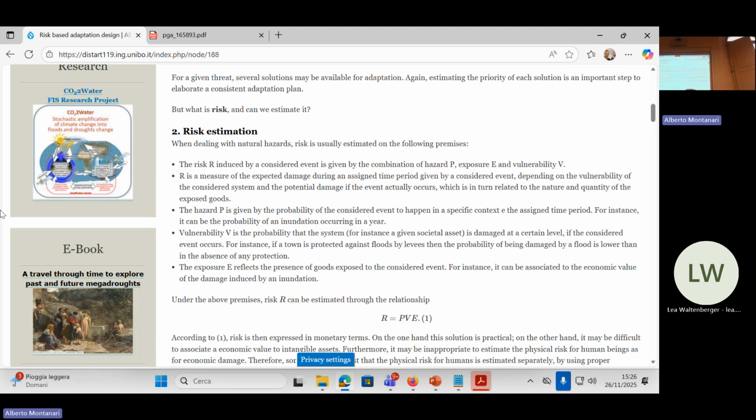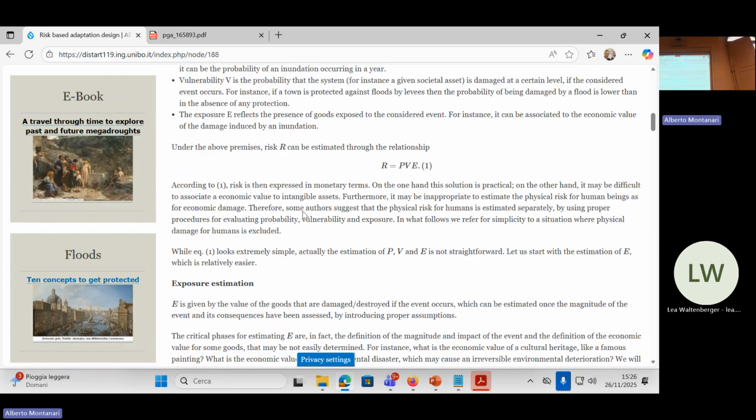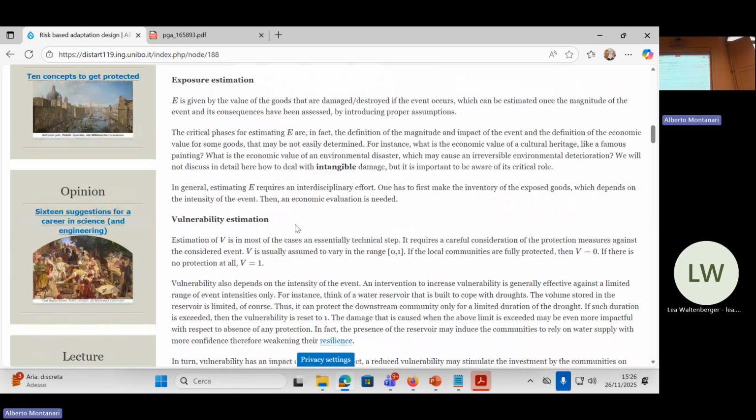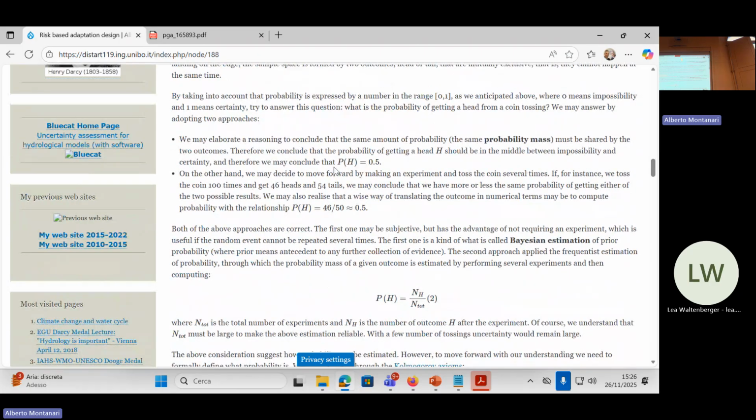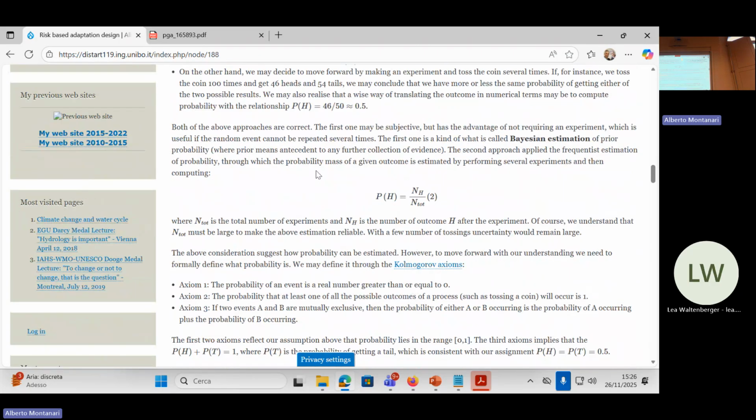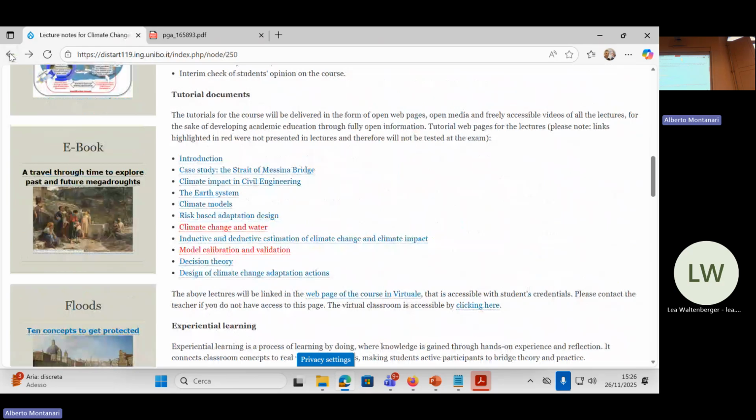I think the reason is that they assume it's very easy. This is one of the few things that we really studied in detail, and also the definition of probability, which I already mentioned.